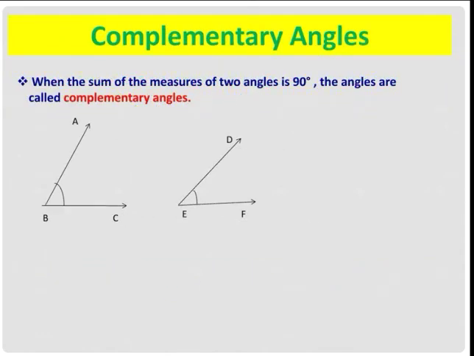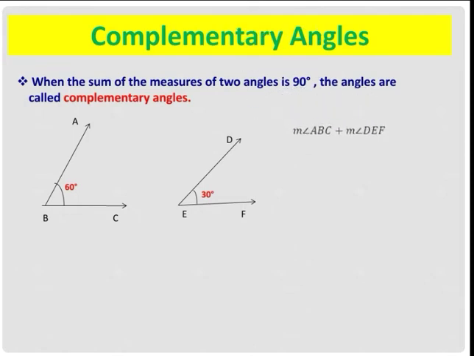Now let us understand what are complementary angles. When the sum of the measure of two angles is 90 degrees, the angles are called complementary angles. Here two angles are given. One is ABC, another is DEF. The measure of ABC is 60 degrees and the measure of DEF is 30 degrees.